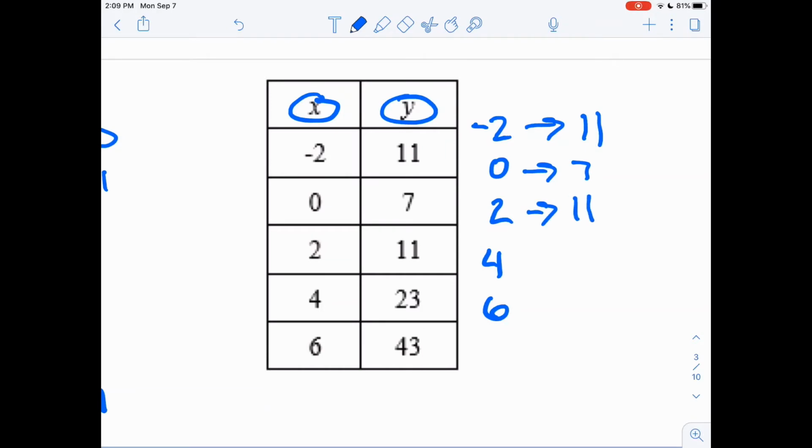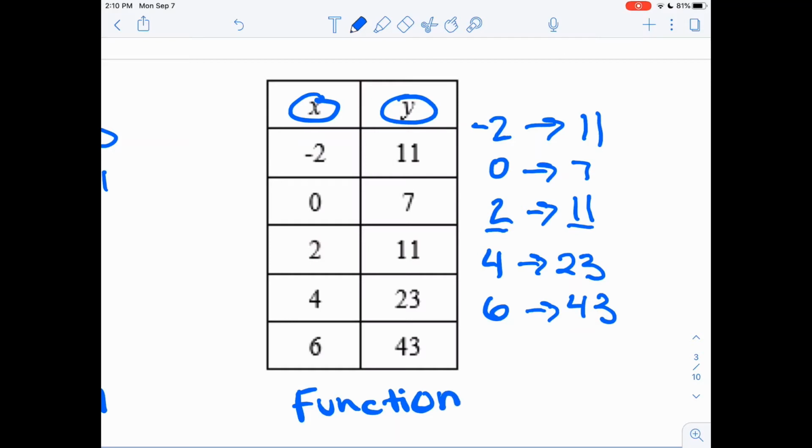It's okay that the 11 repeats because it's a matter of each x having just one y. 4 maps to 23, 6 maps to 43. So this one is a function because each input has its own output. Each x only produces one y.